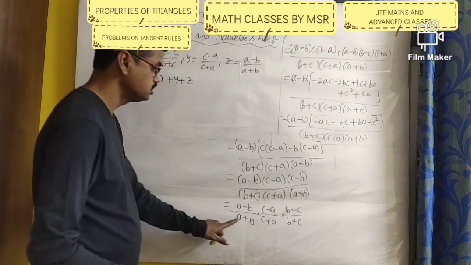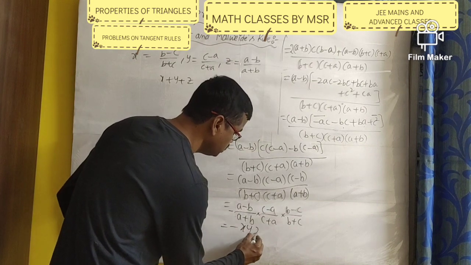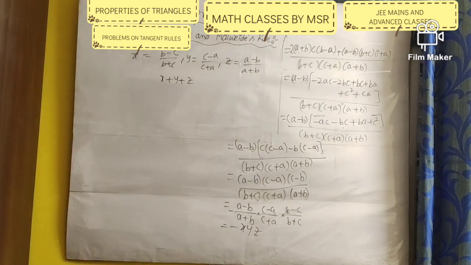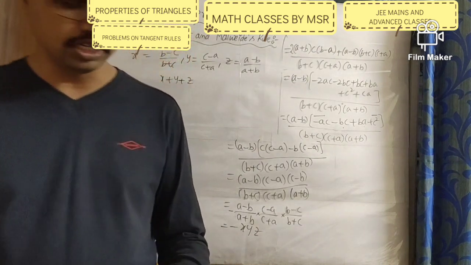Now this can be written as x into y into z, that is minus x y z. Okay, so what is the value of x plus y plus z we got? Minus x y z.